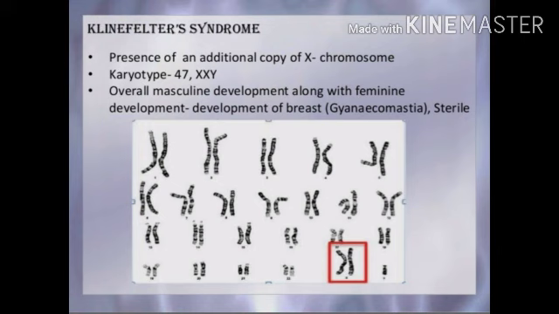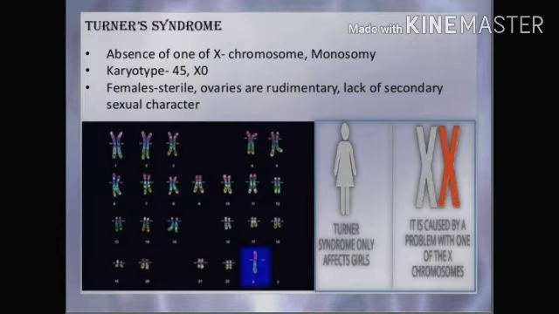That means trisomy. Karyotype of this is 47, that means XXY, you can see in the given image. Overall masculine development along with feminine development, that means development of the breast occurs, and the person is sterile.